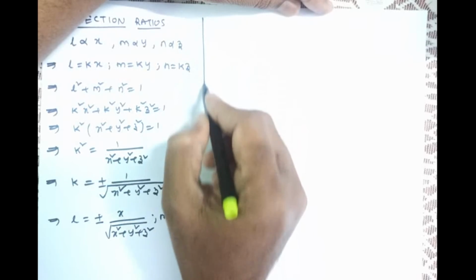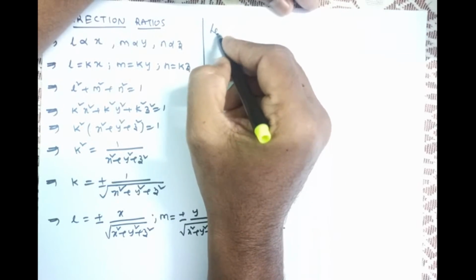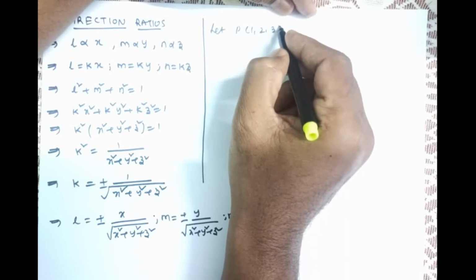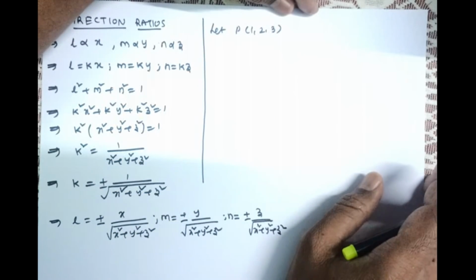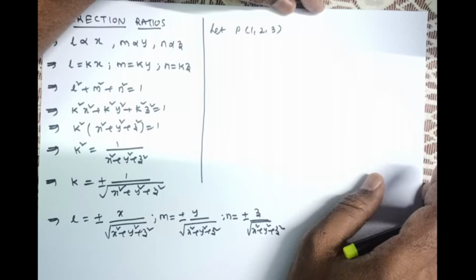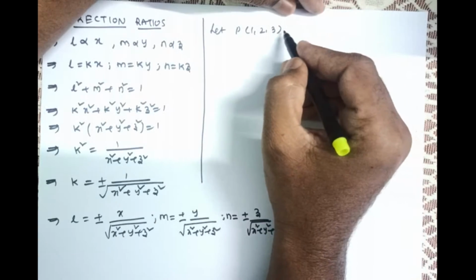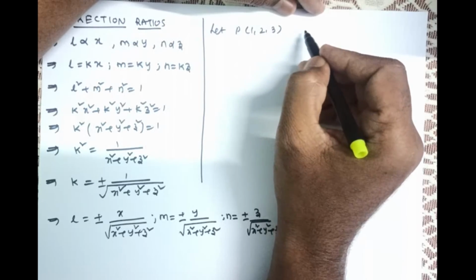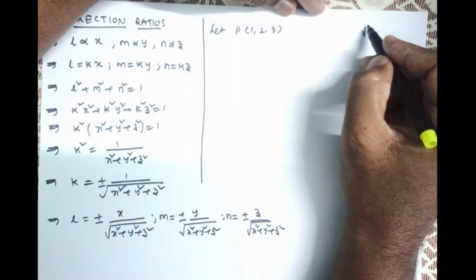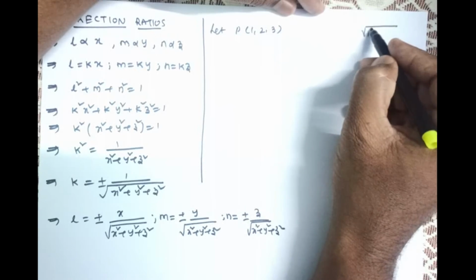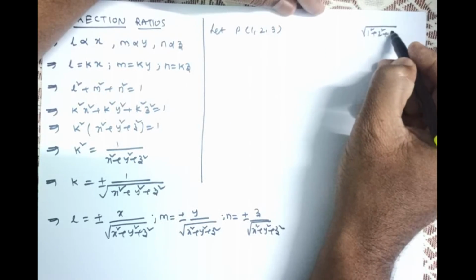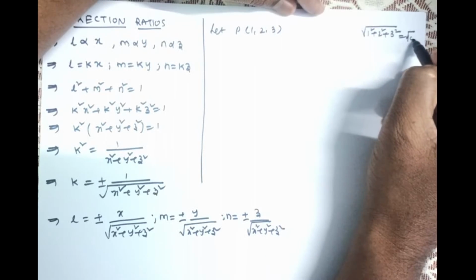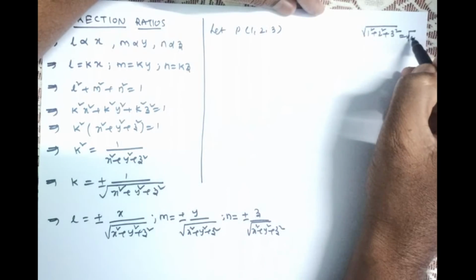Suppose, for example, a point is given with DRs, meaning direction ratios, 1, 2, 3. To convert it into direction cosines, we have to divide with its magnitude. What is its magnitude? It is 1 square plus 2 square plus 3 square, which gives root 14.